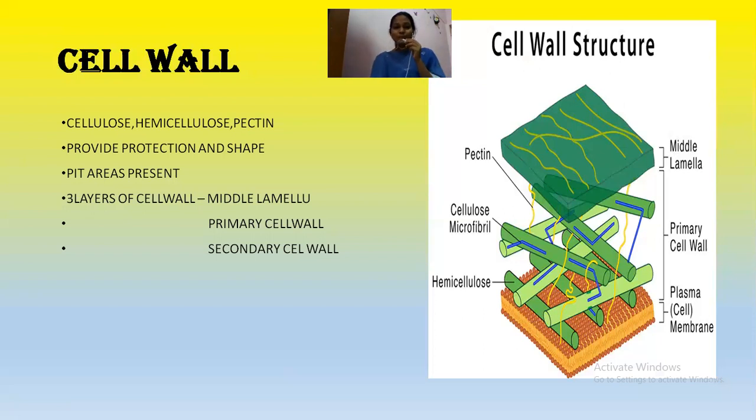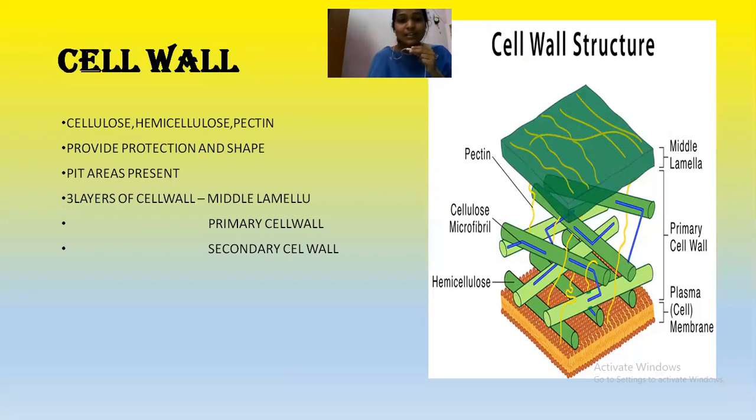And remember, one important competitive examination question: the primary cell wall is elastic. It is made up majorly of cellulose, and the primary cell wall is elastic, whereas the secondary cell wall is inelastic. That means it cannot stretch. What is the reason? The primary cell wall contains only cellulosic wall material, and the secondary cell wall, as it is present in matured cells, should provide additional strength.